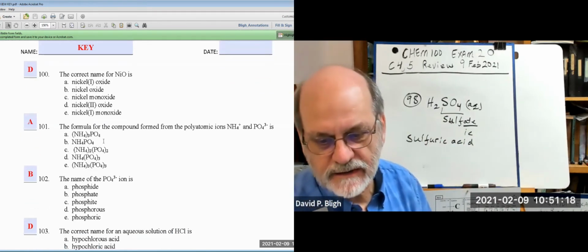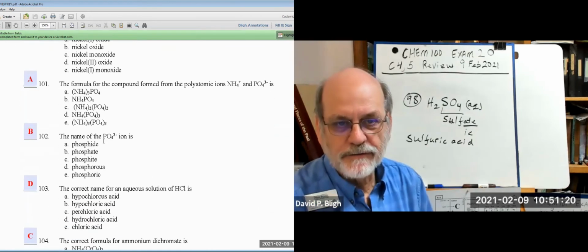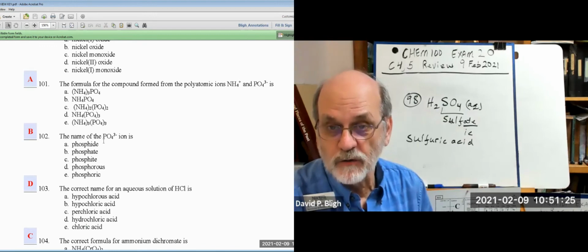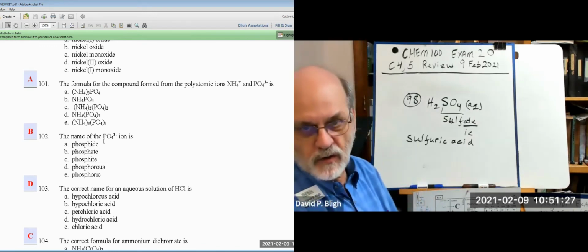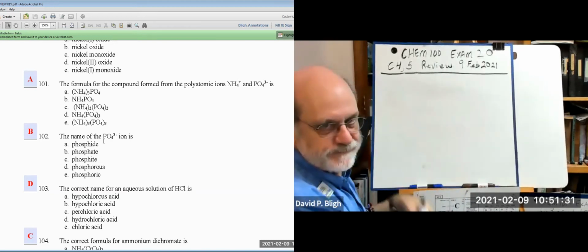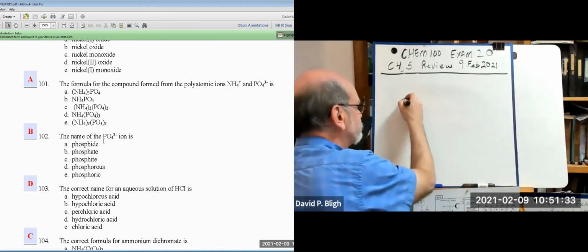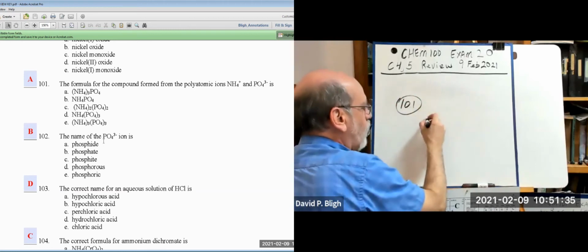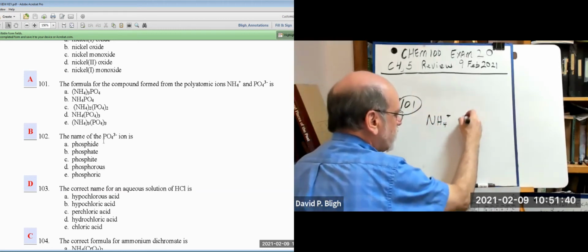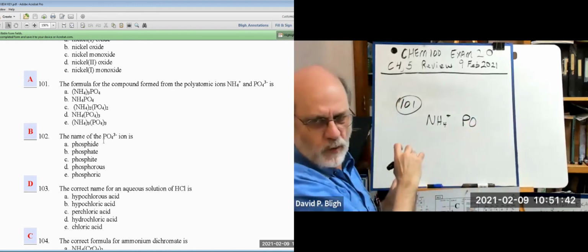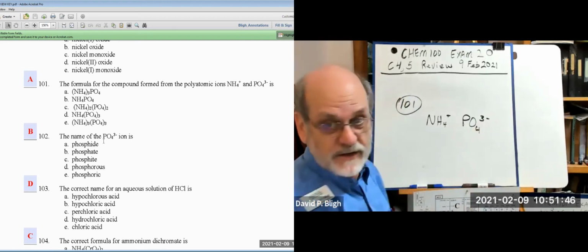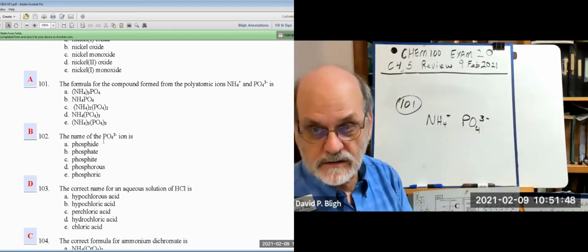All right, how about 101? The formula for the compound formed from the polyatomic ion NH4 and PO4 3-. Okay, so I made this one really easy. If you form a compound from this polyatomic and this polyatomic, all you have to do is balance the charges.